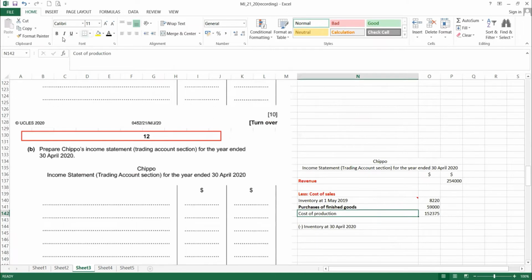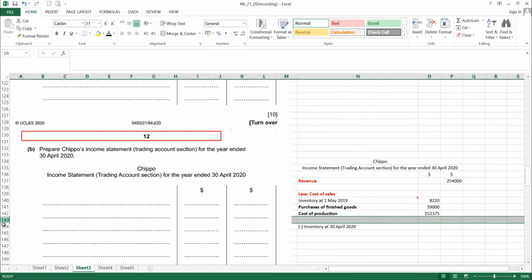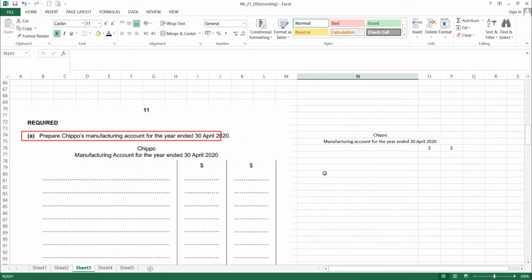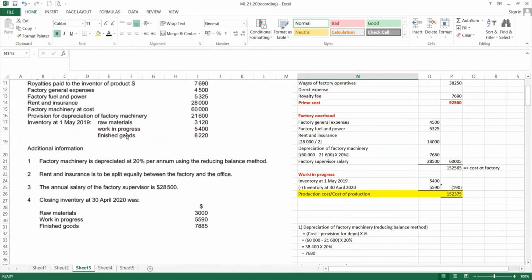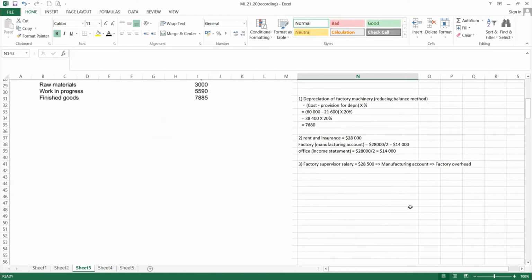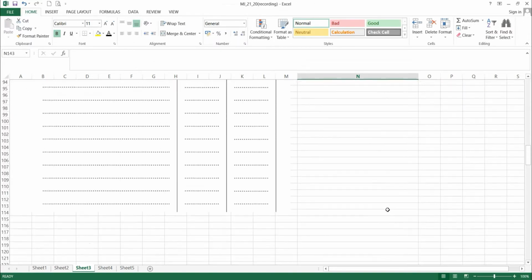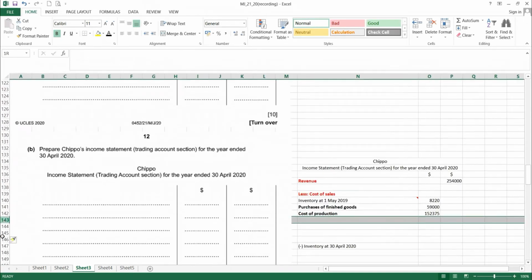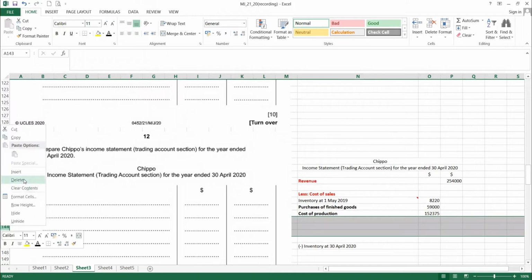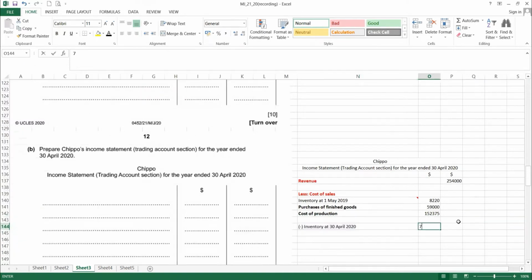This is one of the important parts under the cost of sales. Okay, see any more other item related? The last one, finished good, 7885. This one is closing inventory 7885, finished good.